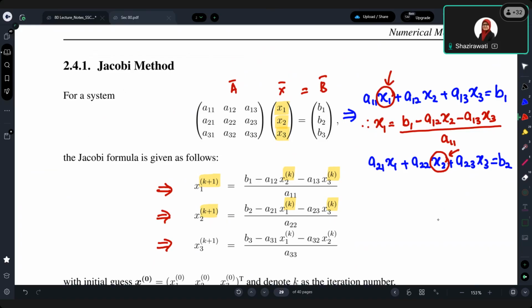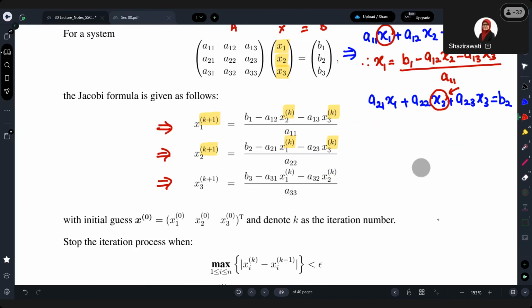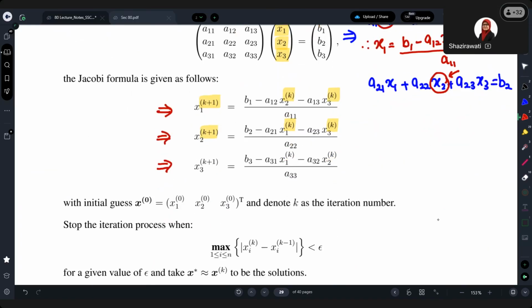Okay, so the unknown, or your variables, are X1, X2, X3 that you wish to get. And then the initial guess must be given because this is iterative. Okay, iterative process, you have a starting value.